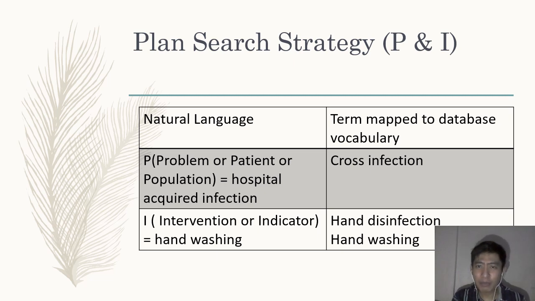In natural language, we can use other words: hospital-acquired infection may be searched as cross-infection or cross-contamination. Intervention may be hand washing, hand disinfection, or hand rubbing.